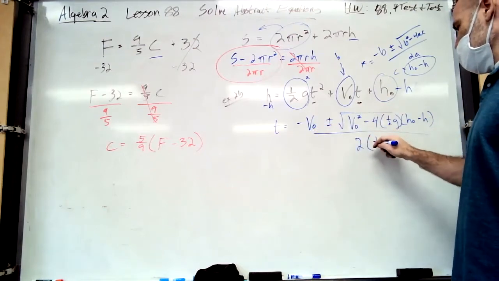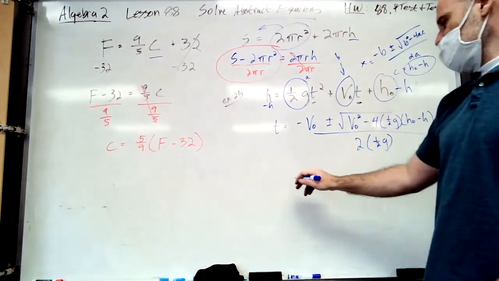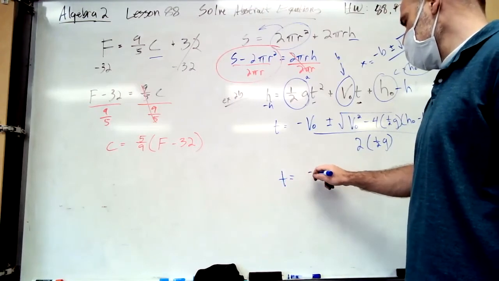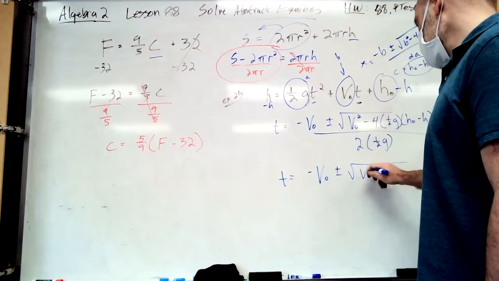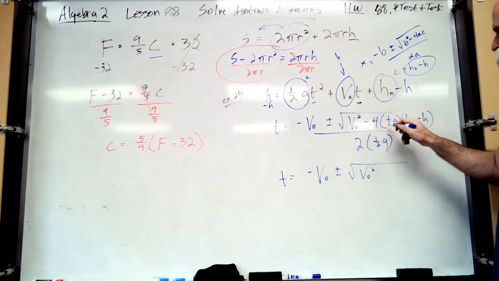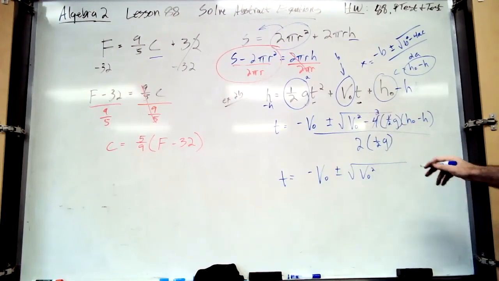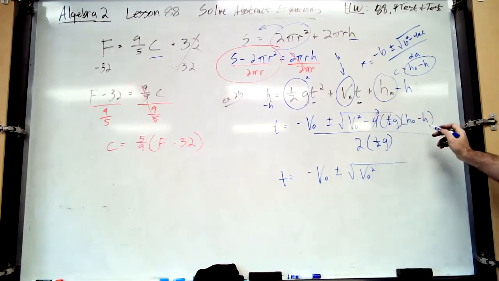So 2 times 1/2 g. See how messy this is going to get? But don't worry about it. Just clean up as much as you can. Get rid of the parentheses. So negative v naught plus or minus the square root of v naught squared. This 4 and this 1/2 can cancel to a 2. And so you're just distributing this 2g over to the h naught and h.